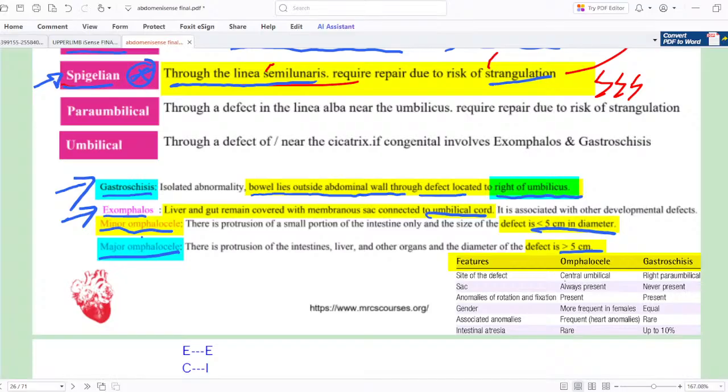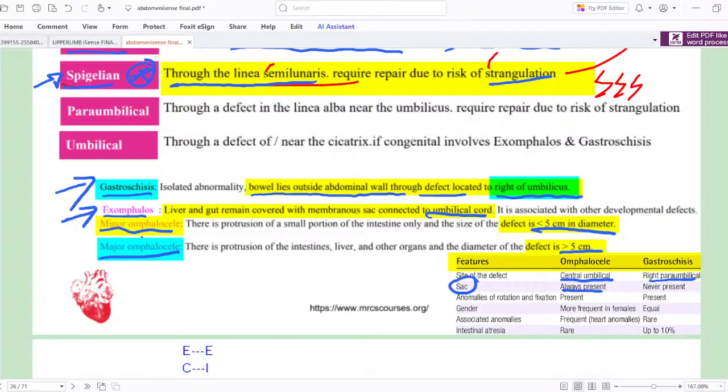Omphalocele is through the central umbilicus and gastroschisis is to the right of the umbilicus. If anything comes through the umbilicus, there will be a covering, a sac. Always there will be a covering.